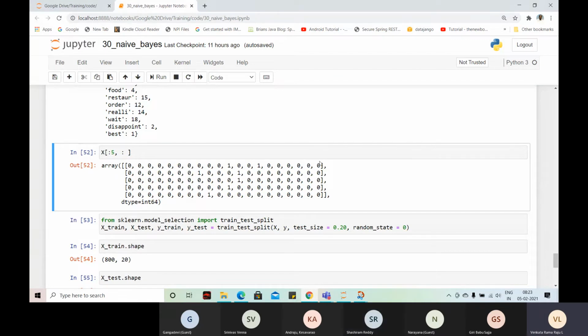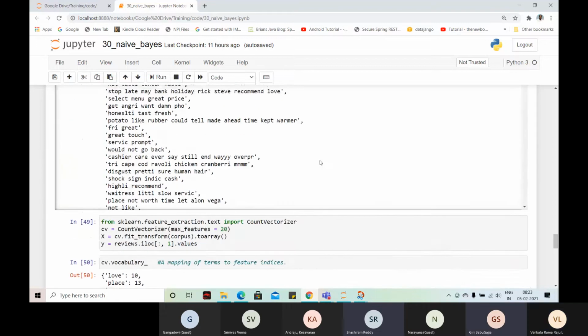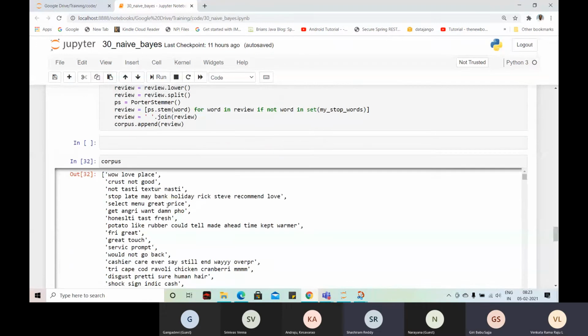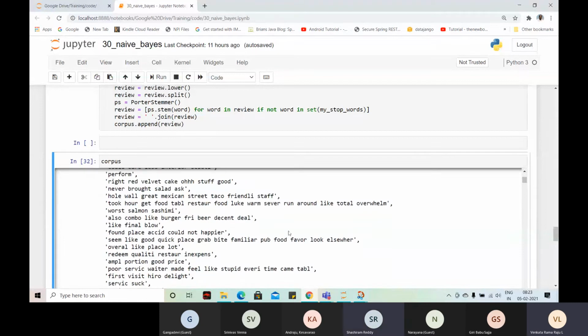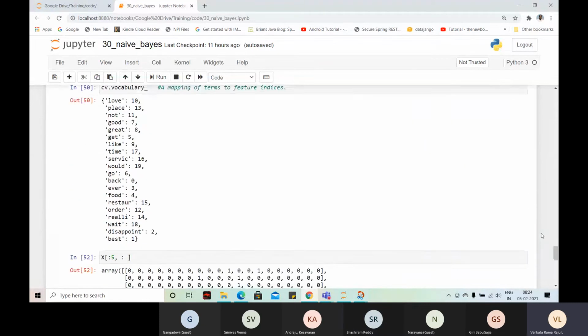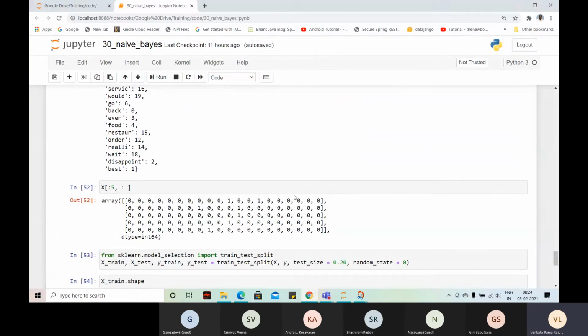From where are those words coming? From the total data, all the reviews. Is there a guarantee that all these input variables are strongly related or weakly related?